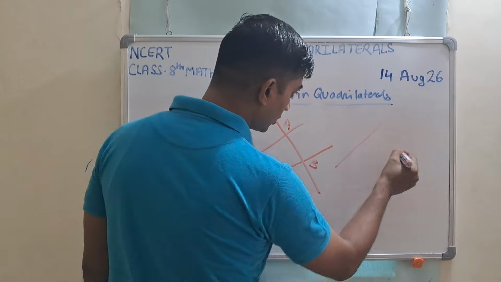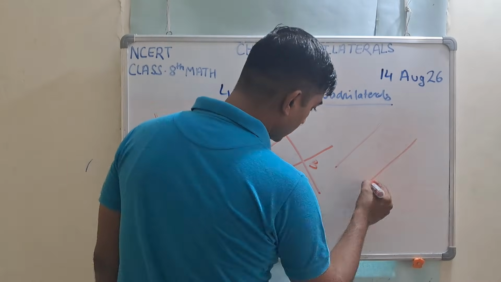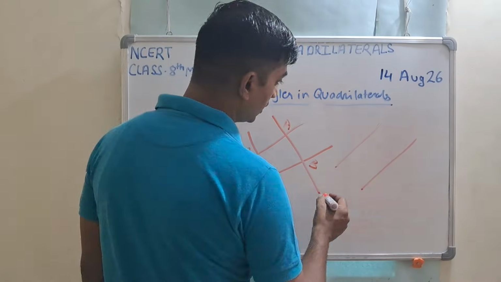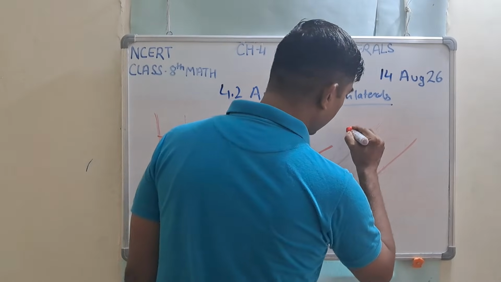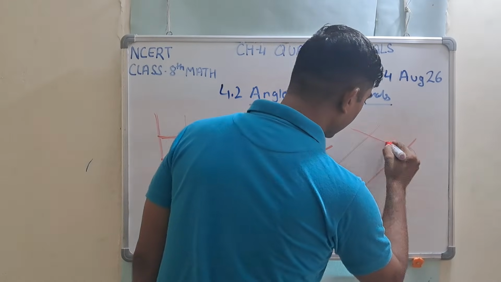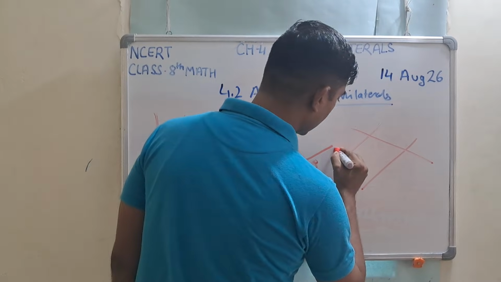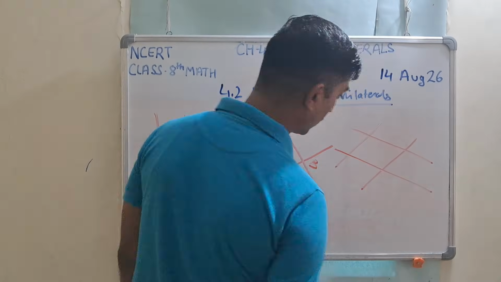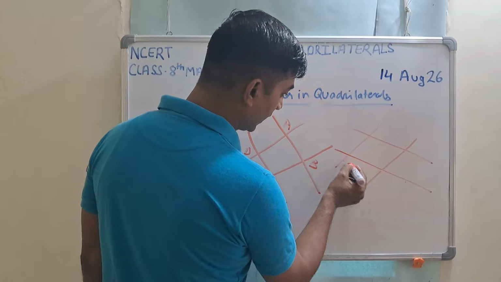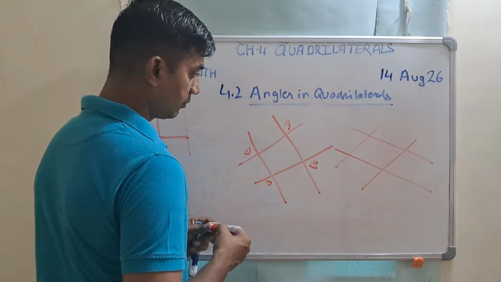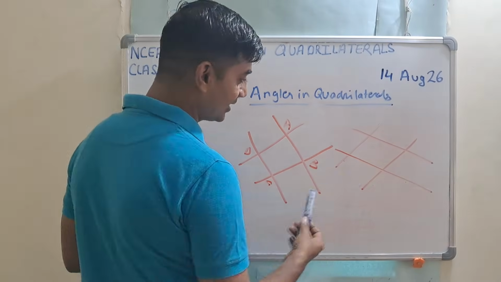If we draw the same set of parallel lines, and the distance between them is the same, and we are intersecting them, now the distance between these parallel lines is the same, but they are intersecting each other at a slant.